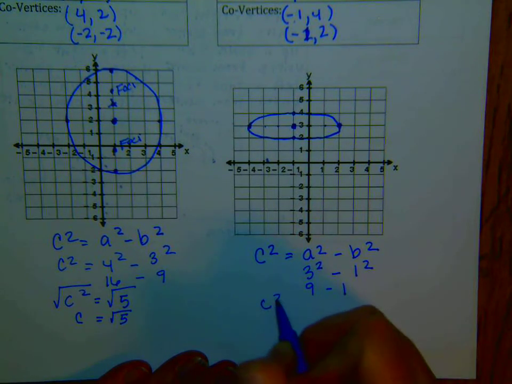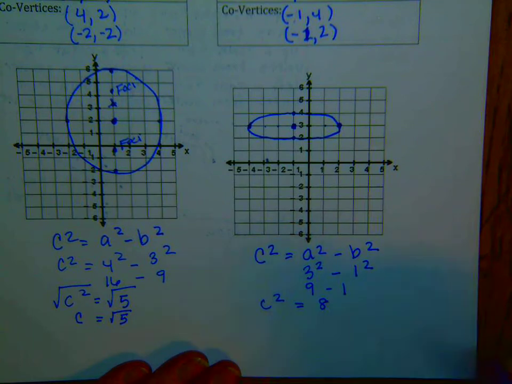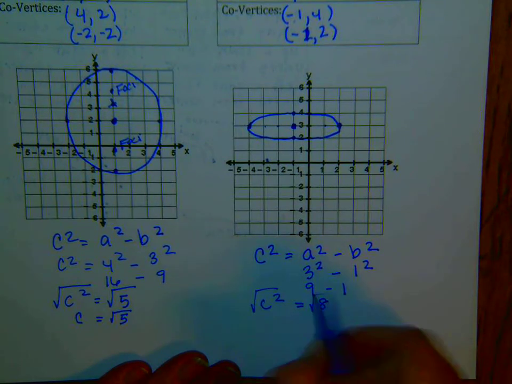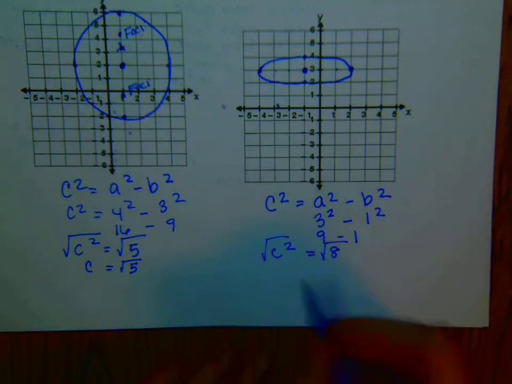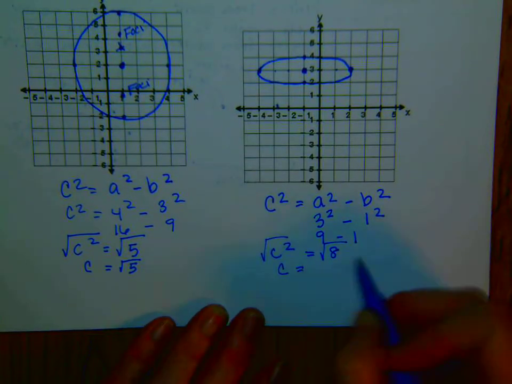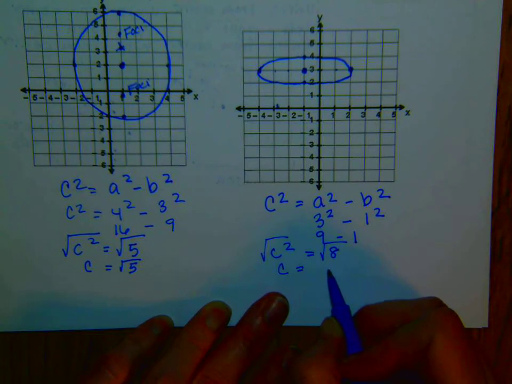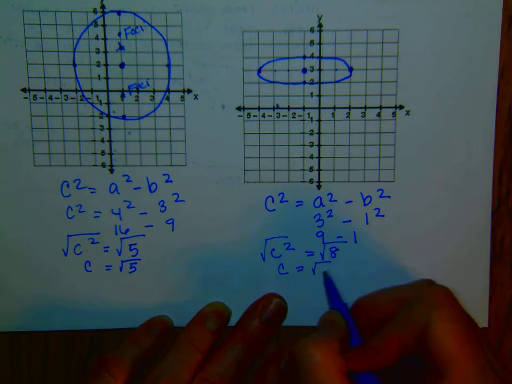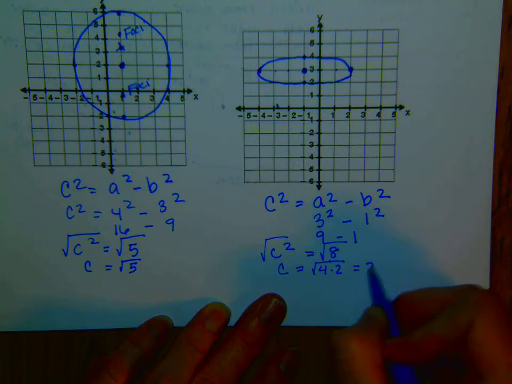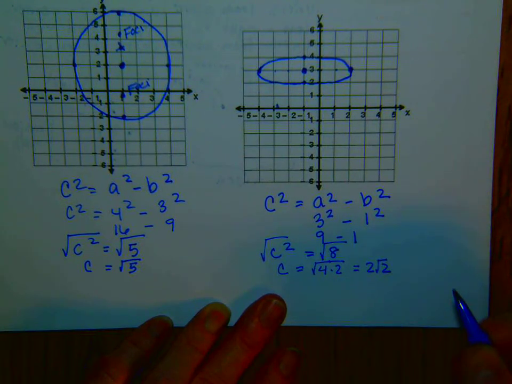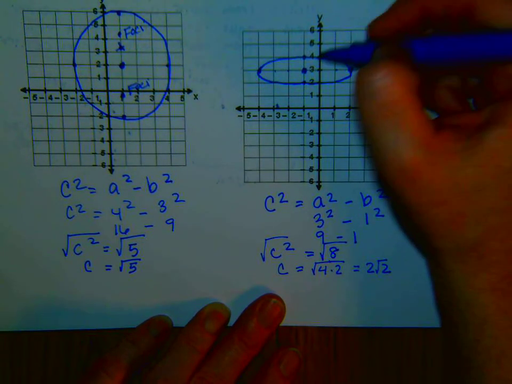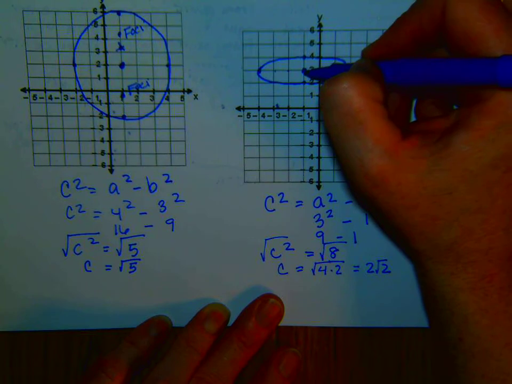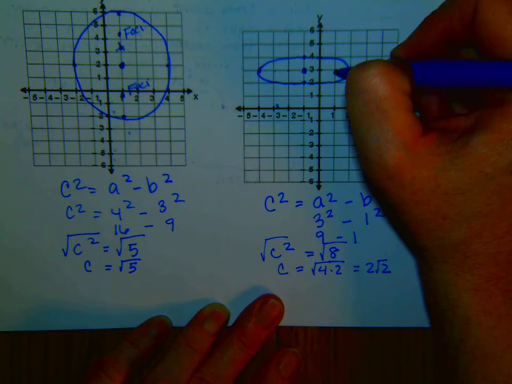I solve by taking the square root of both sides, and I get c equals the square root of 8. I can simplify that, remembering that this is 4 times 2. The square root of 4 is 2, so c is 2 radical 2. Now I know that the foci lie on this axis, so they are negative 1 plus 2 radical 2 and negative 1 minus 2 radical 2.